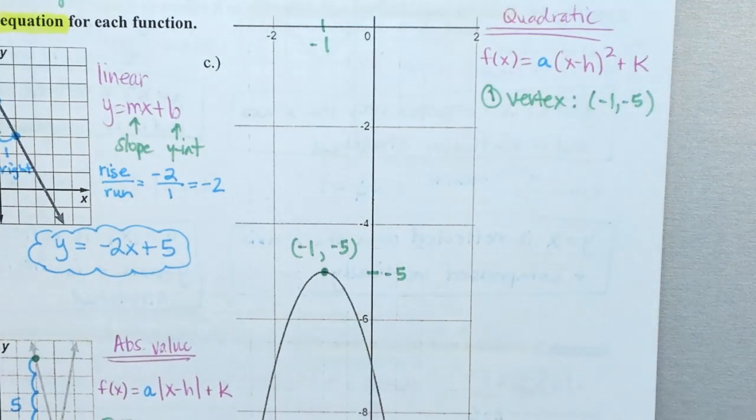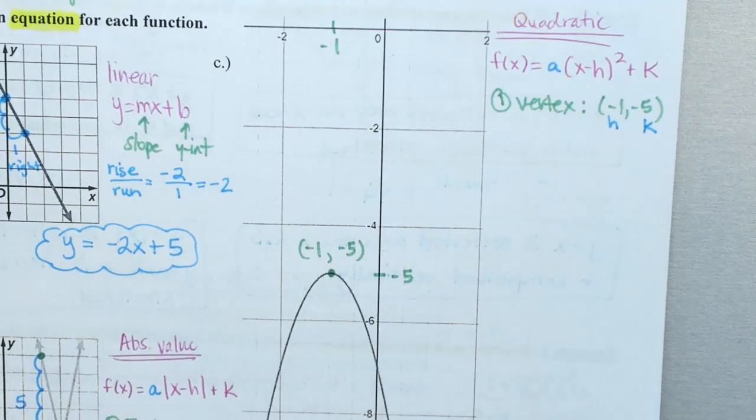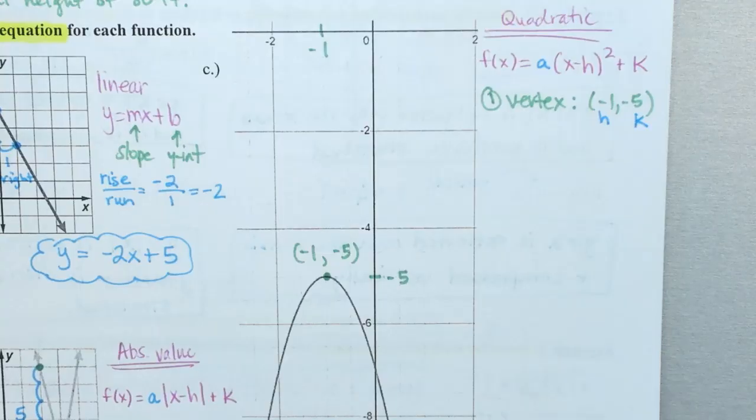Okay, again, we're going to be plugging those in for h and k into our equation. So go ahead and do that. Plug those in for h and k. Every other variable is going to stay the same.